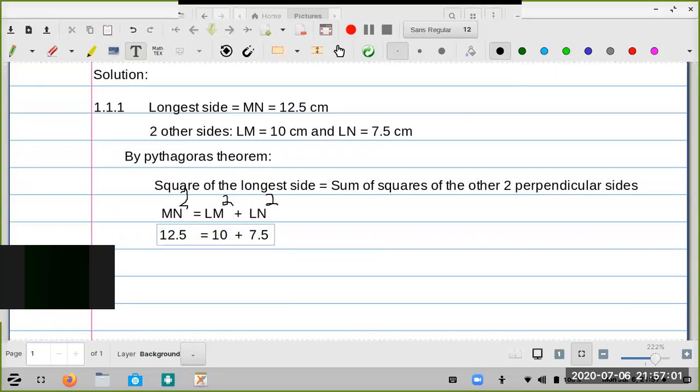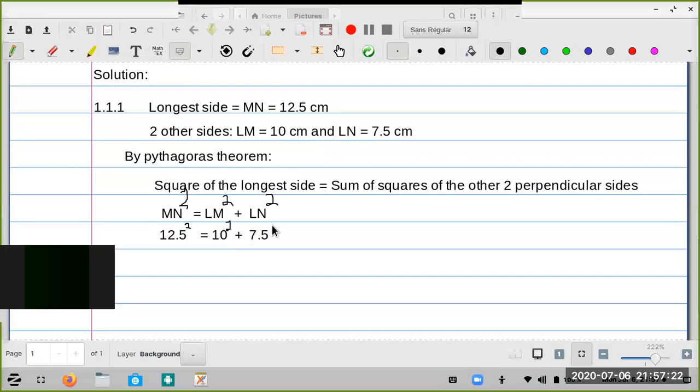I'm just substituting here in our symbols. So I'm going to square 12.5. That's the squares.